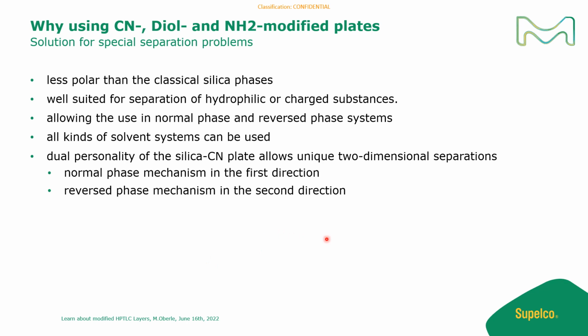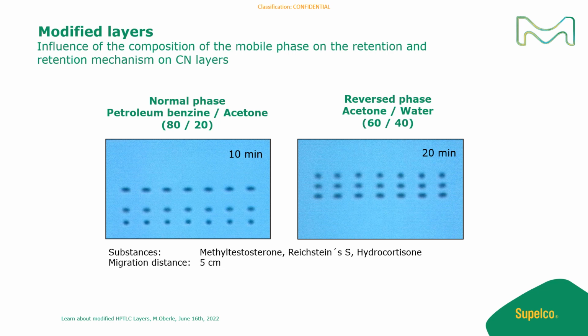Especially the cyano plate allows us to do two-dimensional separation: normal phase mechanism in the first direction and reverse phase mechanism in the second direction. So here is an example on a cyano layer with different mobile phase systems.